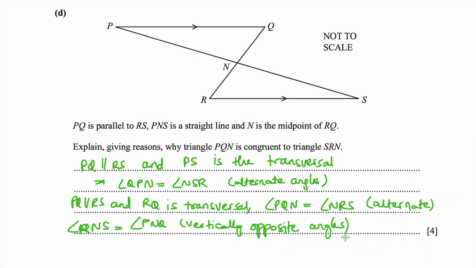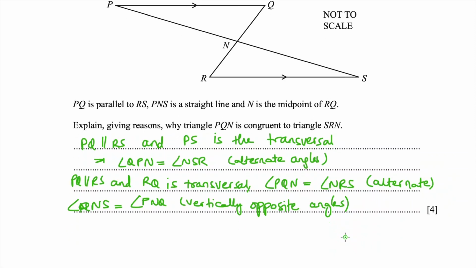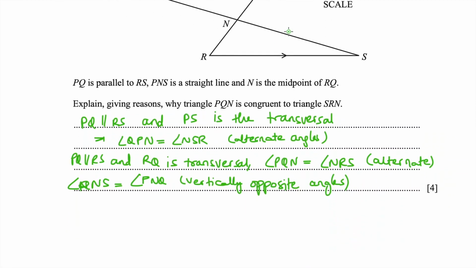And then what do we know? We know RN is equal to NQ because N is the midpoint of RQ. So therefore, all the three angles are equal and one side is equal.